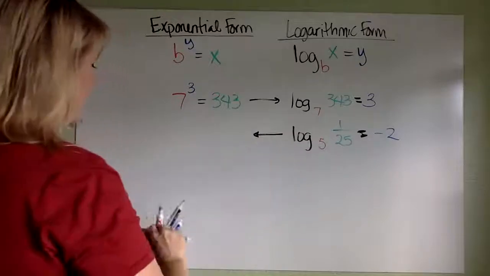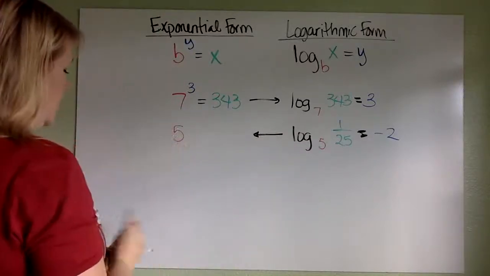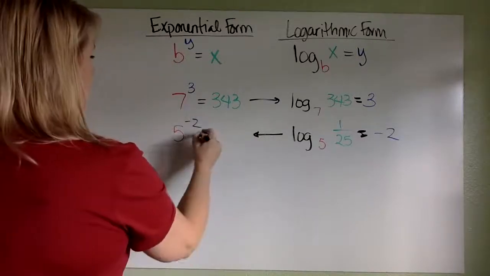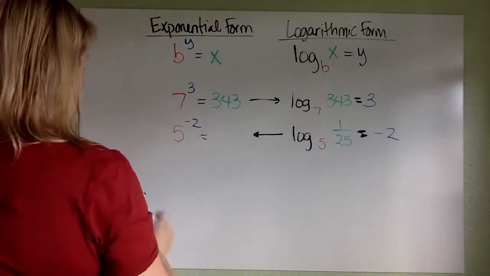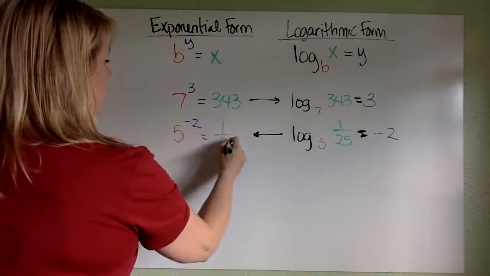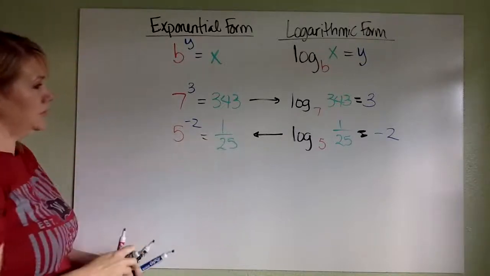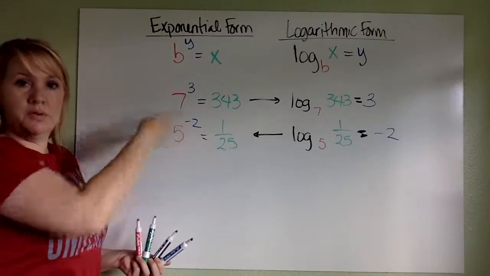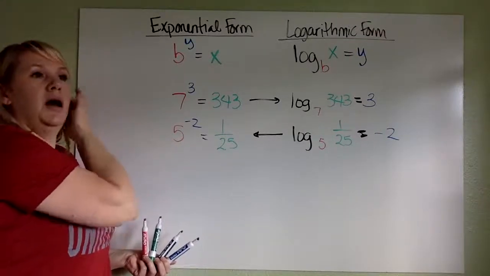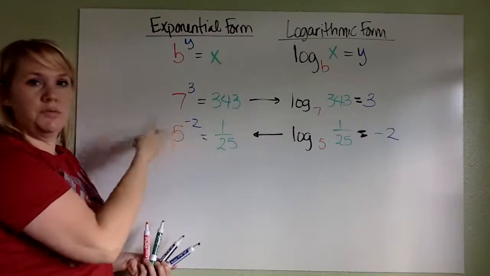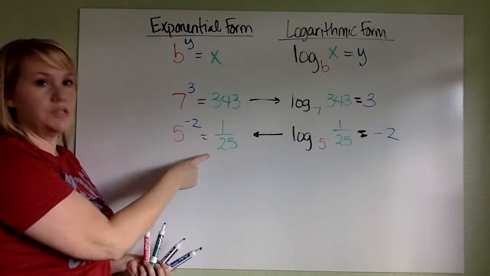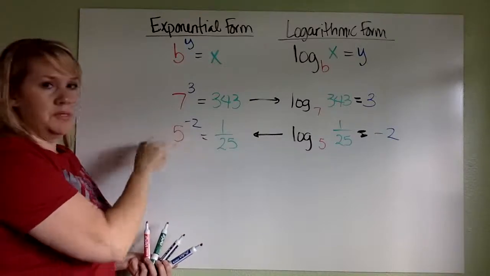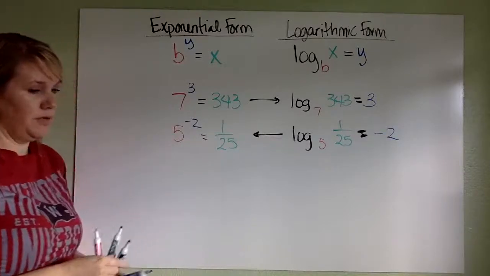The base here is the 5. The exponent is the -2, and that is equal to 1/25. So these two things are equivalent. Anything to the negative exponent, you reciprocate it. So since this is a -2, we reciprocate it, becomes 1/5 squared, and then 5 squared is 25. So the negative means we reciprocate. That's why it becomes a 1/25.